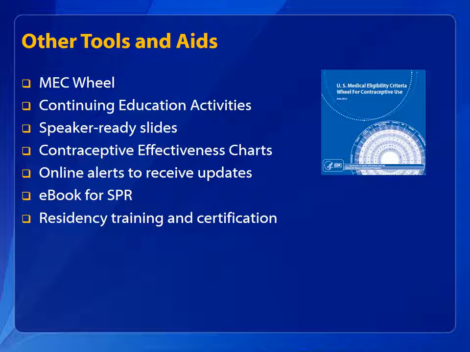It is available for order on our website. Several additional educational tools such as pre-made speaker slides, contraception effectiveness charts, online alerts to receive updates on the guidance, an ebook for the selected practice recommendations, and CME approved activities are available on our website.